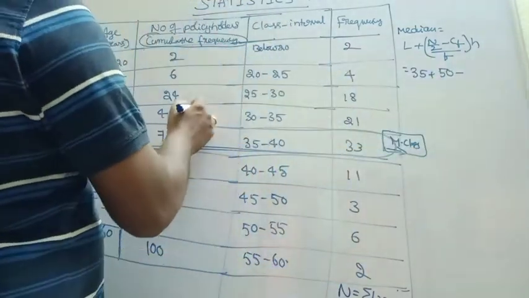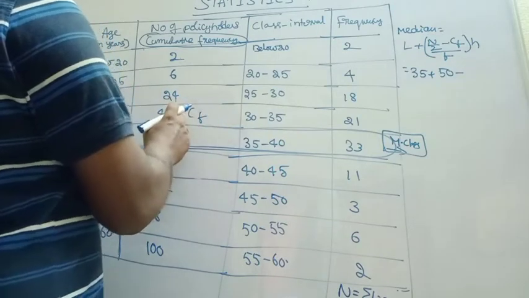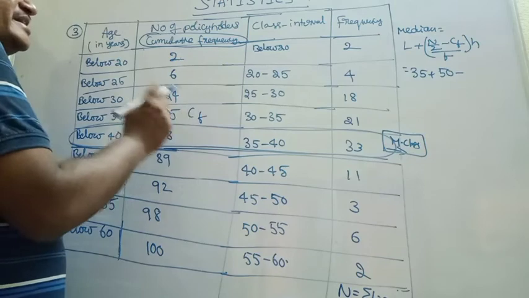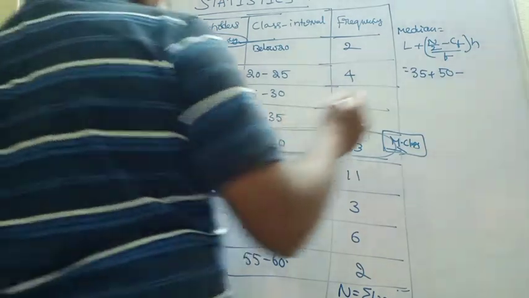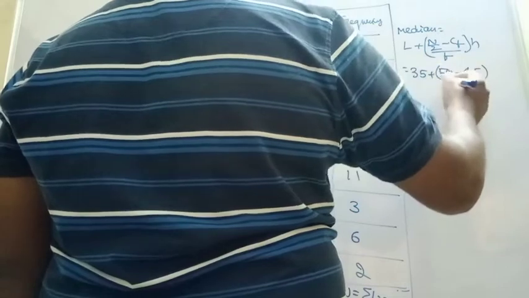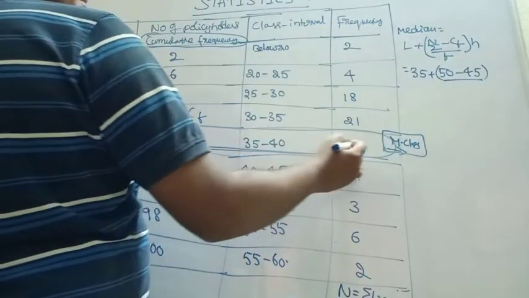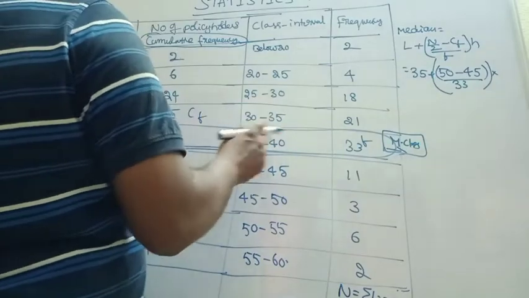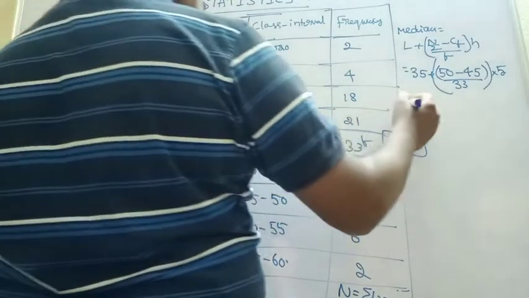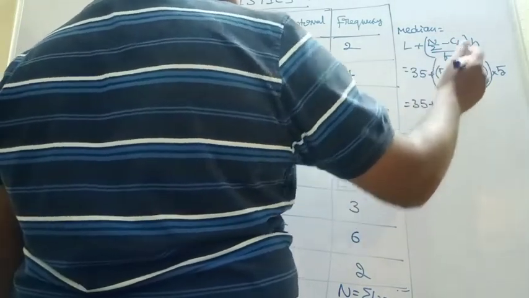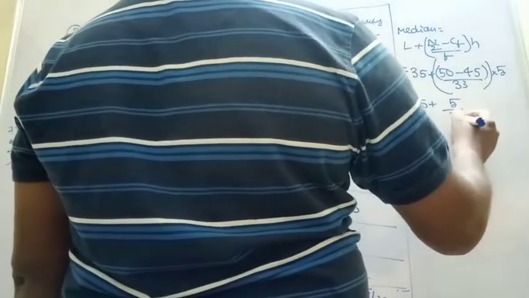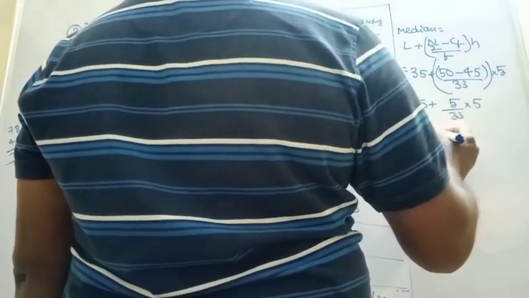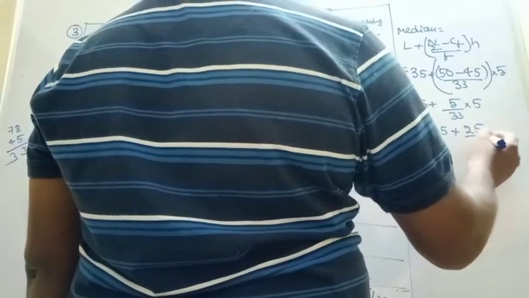CF is the cumulative frequency preceding the median class, that is 45, divided by f. f is the frequency of the median class, that is 33, into h. h is the length of the class interval, that is 40 minus 35, which is 5. So 35 plus (50 minus 45 is 5), 5 by 33 into 5. Now 35 plus 25 by 33.